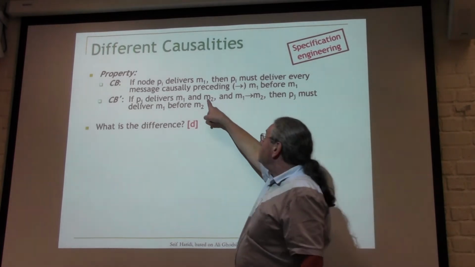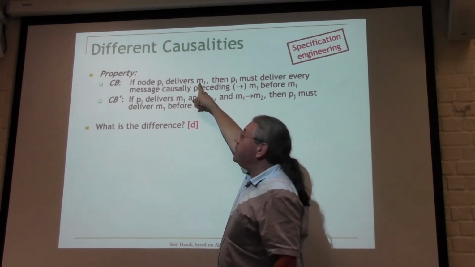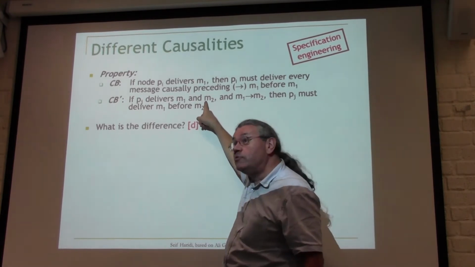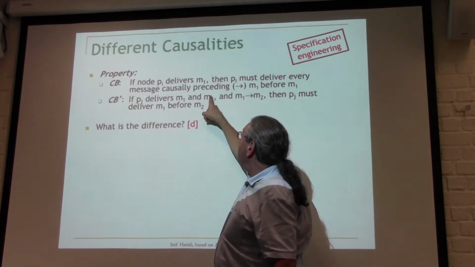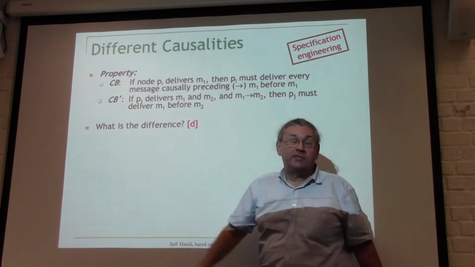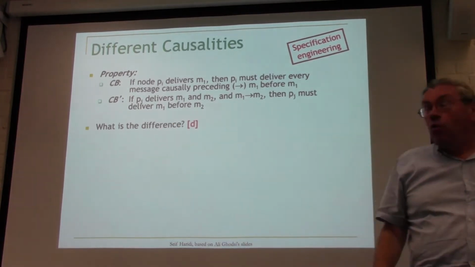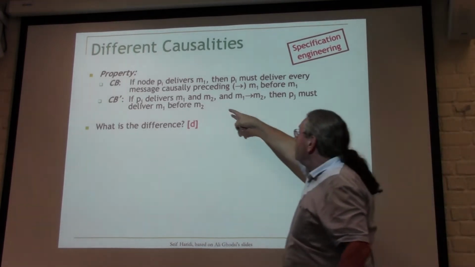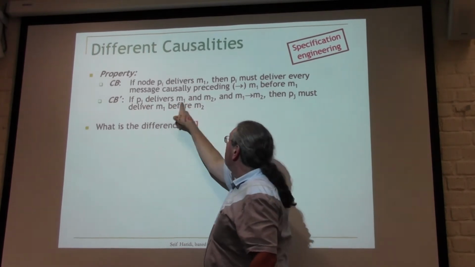Okay? So here I'm only assuming one delivery. Here I'm assuming already two deliveries. Okay? So if only one message is delivered, which of those two properties applies then? Only the first one. This makes a stronger assumption.